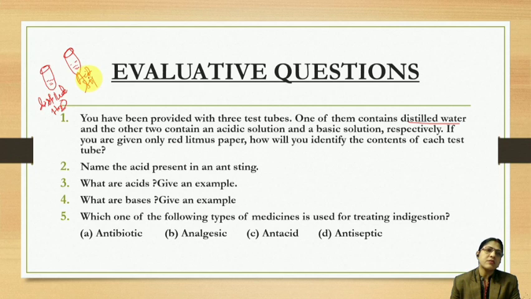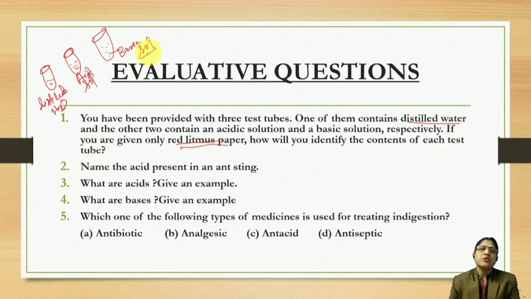If you are supplied with only red litmus paper, how will you identify the contents of each test tube?